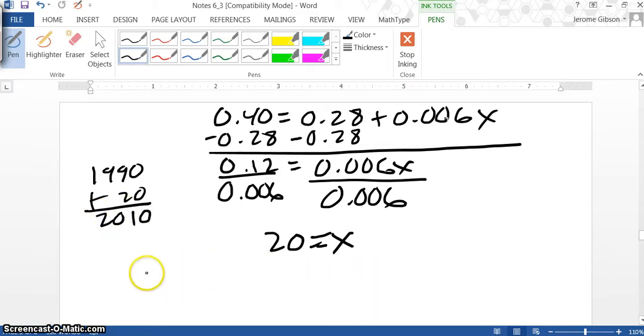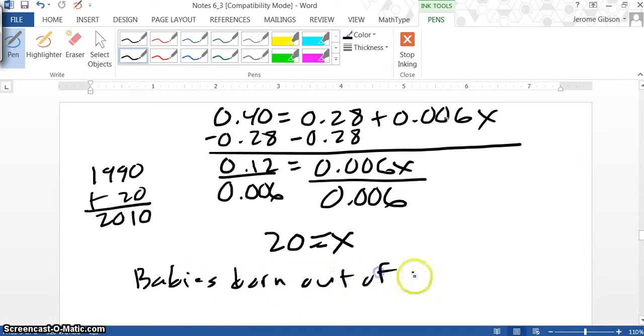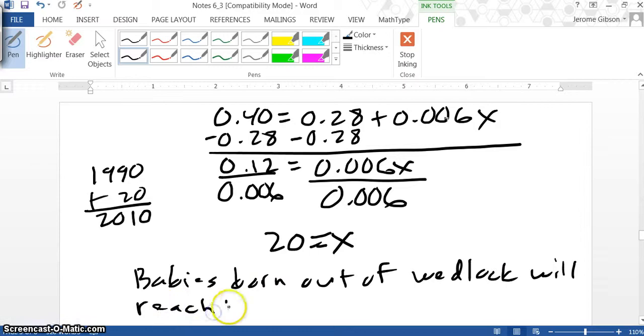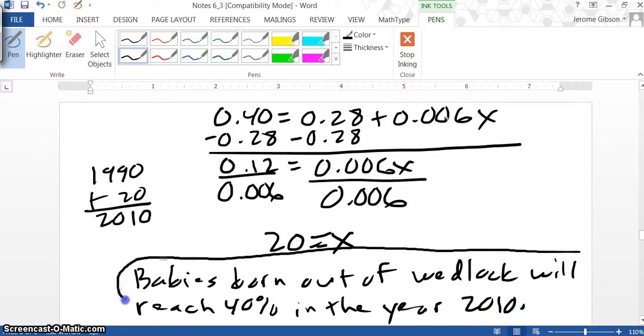So our final answer would be: babies born out of wedlock will reach 40% in the year 2010. And that would be the final answer.